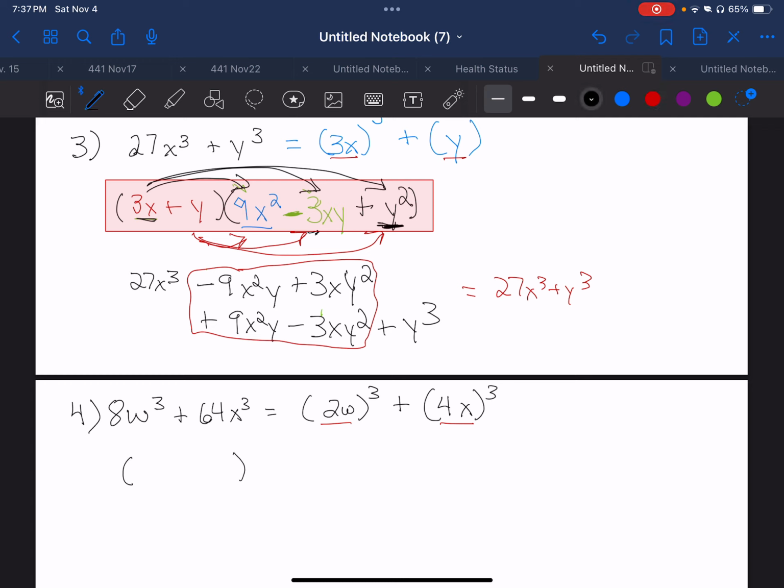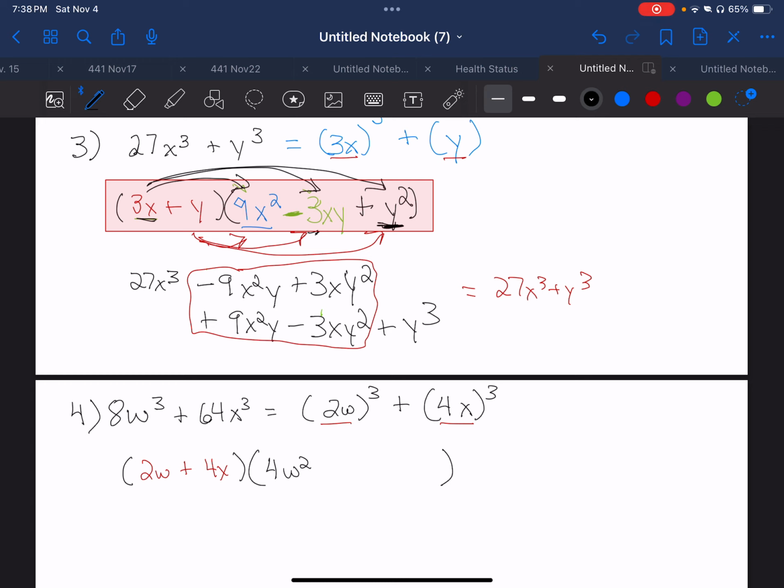So I take those building blocks first. So I have the 2w plus 4x. Then I have my pieces. So in order to get 8w cubed, I need to multiply by 4w squared. 2 times 4 is 8. W times w squared is w cubed.